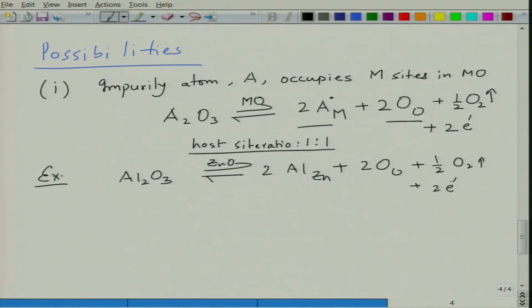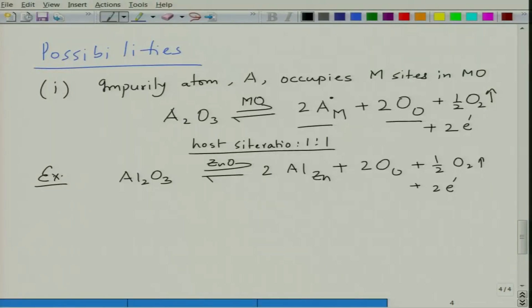So, basically doping of aluminum into zinc oxide has created electrons. So, aluminum doped zinc oxide is an N type semiconductor, and that is what it is. The aluminum doping of zinc oxide makes it an N type conductor. So, this is something that you do purposefully, but if you do not do it purposefully, this might happen inadvertently if you have impurities present. What is the other possibility?